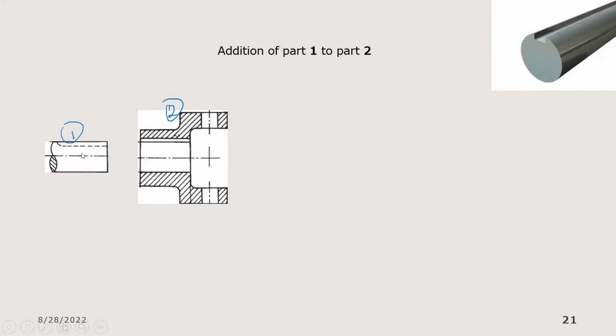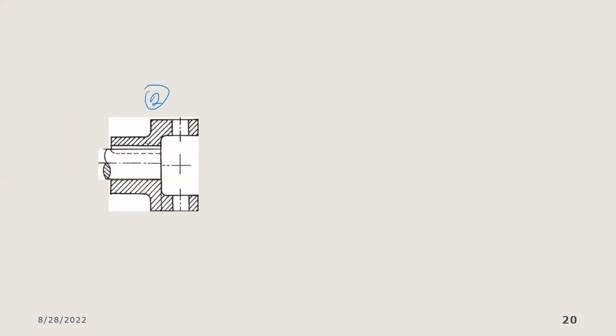As you are doing the fixing, we should also be very careful that the axes align with each other. Very important. Axes will align with each other. Once you are done with that, you have your part 2 and your part 1.